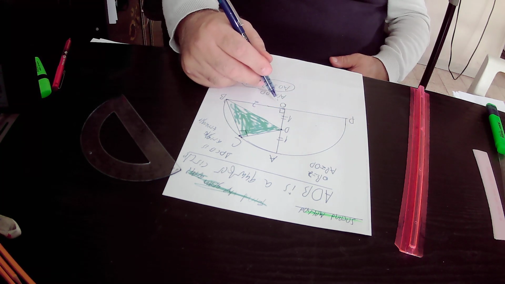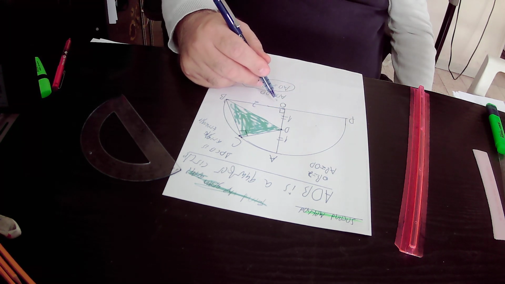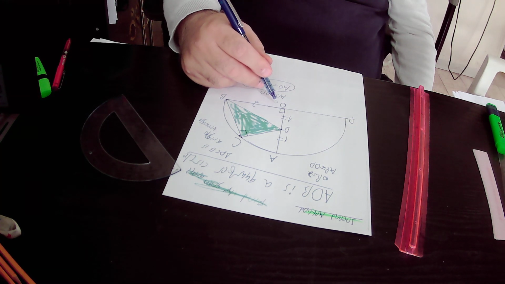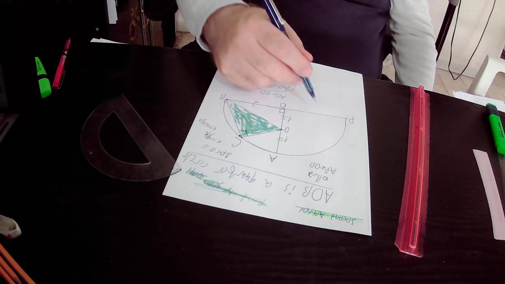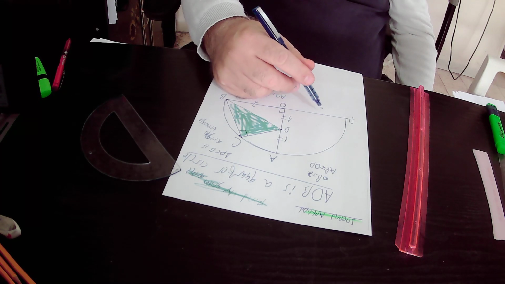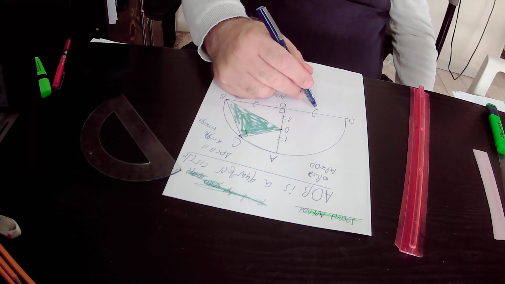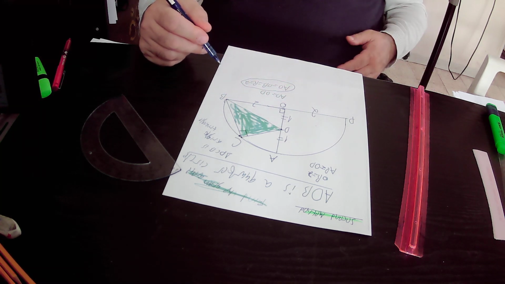O is the center of the semicircle and also the quarter circle, and P is a point of the semicircle itself. This is exactly the definition of radius. So PO is the radius of the semicircle, that is equal to 2 units.